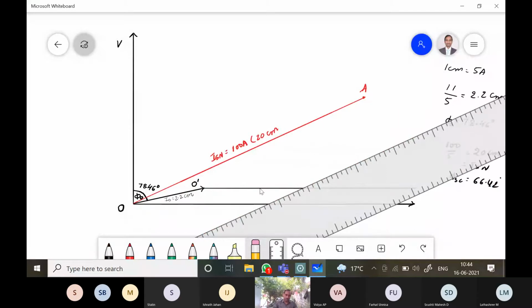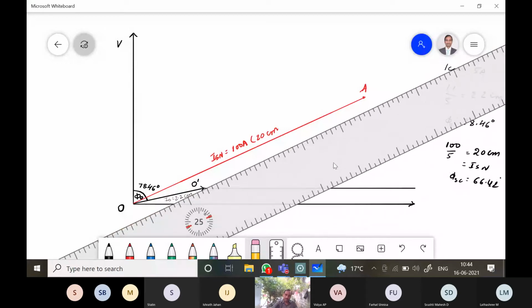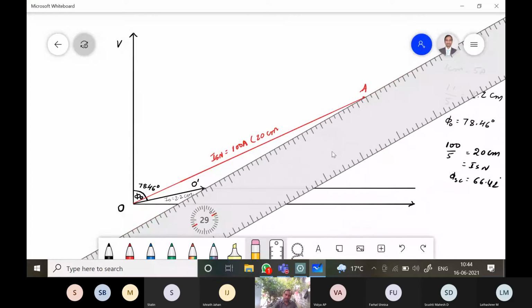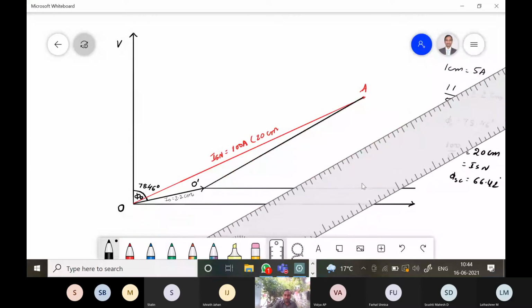So now join O dash A. This O dash A is called as the output line.